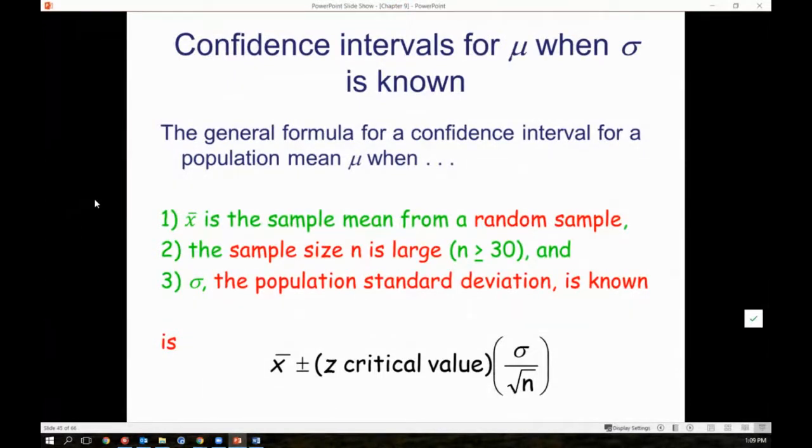I want you to say sample's random, sample size is large, standard deviation's known, we meet all the requirements. Think of it like a checklist. Okay, check, check, check. Got it. I can go.